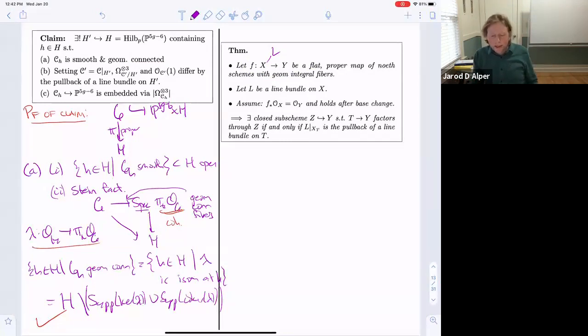More precisely, there's a closed subscheme where the fibers are not exactly isomorphic, but differ by the pullback of a line bundle, and it satisfies this functorial condition. I won't prove this, but it follows from some results in cohomology and base change.